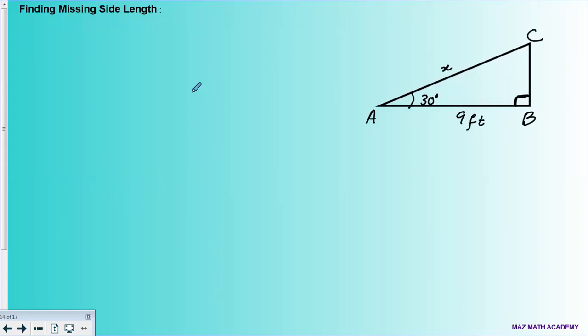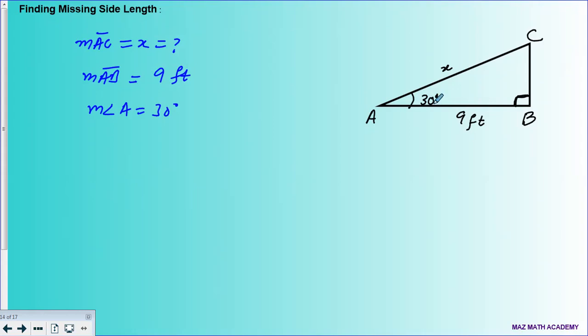In this example, we need to find the missing side, the measurement of AC, which is x, and we have the given measurement of AB, which equals 9 feet, while the given angle A is 30 degrees.